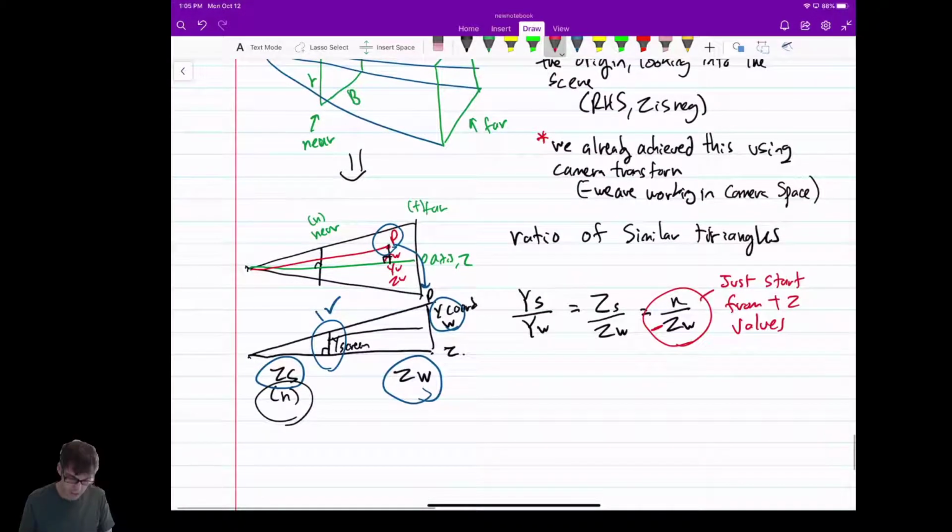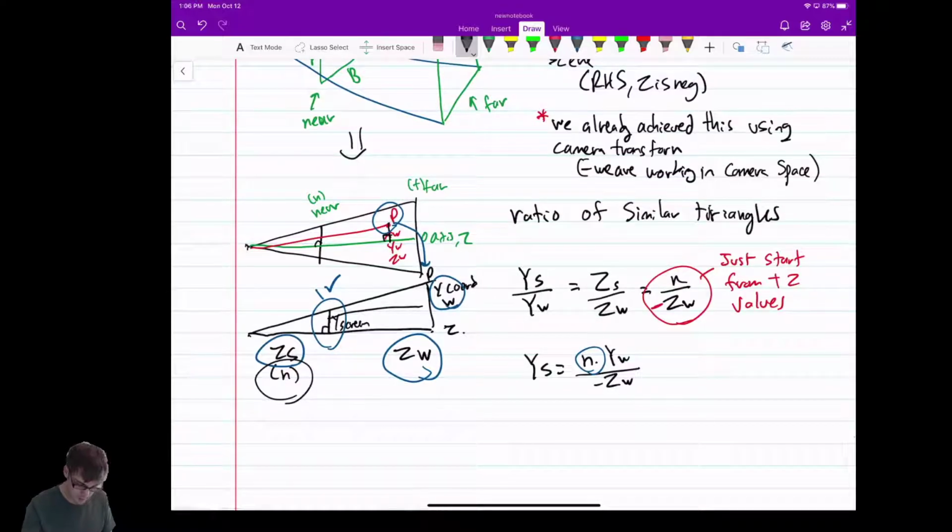So I can calculate the height, this ys here, using this law of similar triangles, and I can rearrange this formula so that y on my screen is just the distance to the near plane times y in the world coordinate divided by negative z in the world coordinate. So this is basically what we saw in the previous lecture, except now we showed how it works with similar triangles, and we have that new parameter n in here, where we can control how far away that plane is.